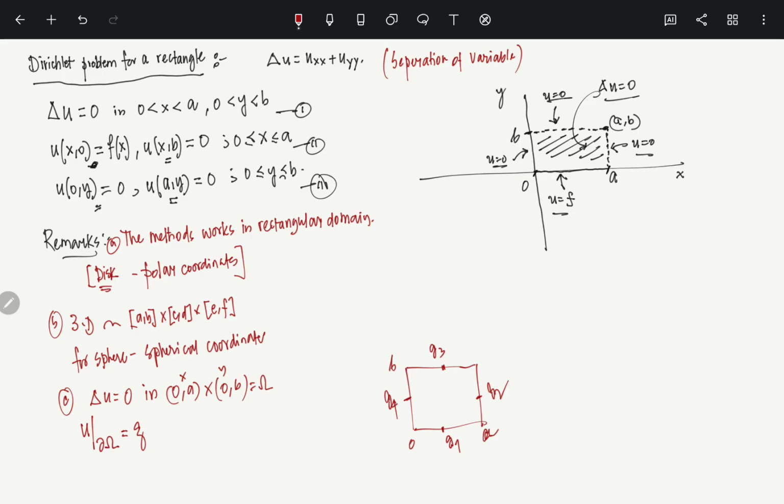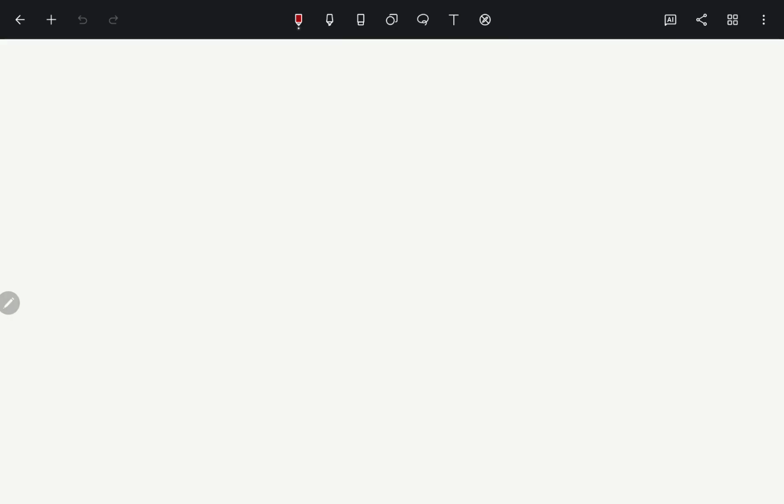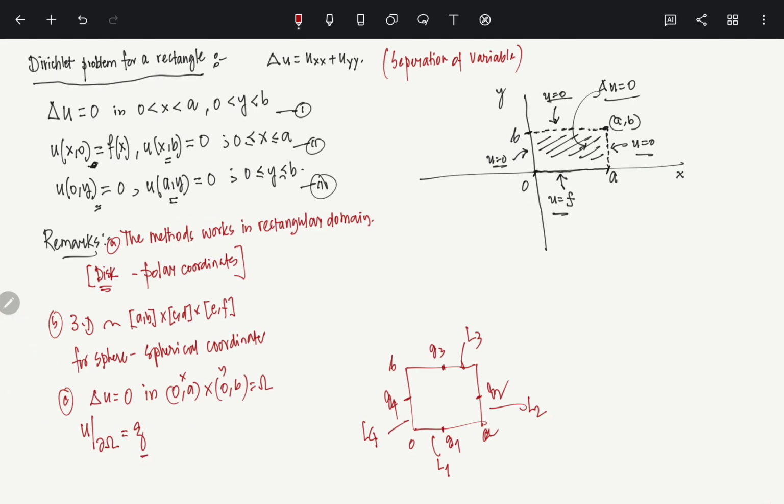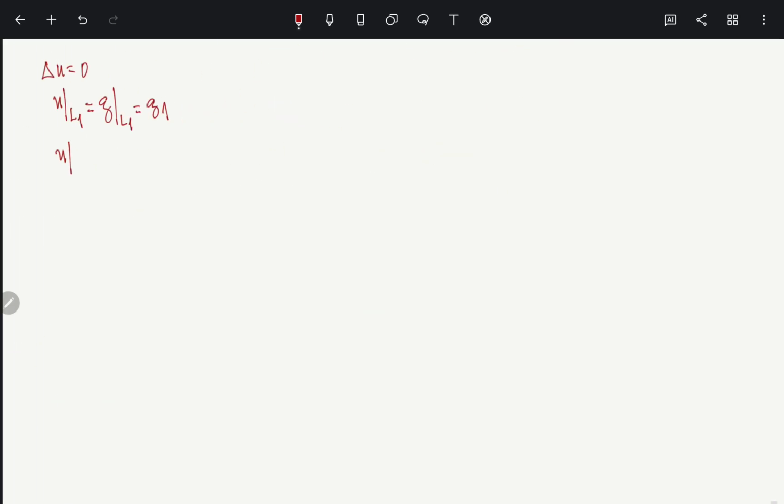Let's solve this problem. Let's say this line is L1, this line is L2, this is L3, and this is L4. Clear? So your equation will look like this: Laplacian u equals 0, and u restricted to L1 is g restricted to L1, which we call g1.